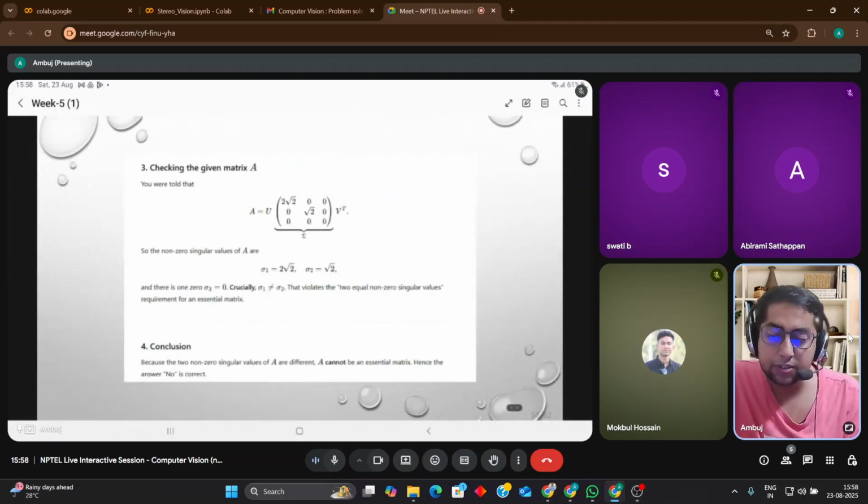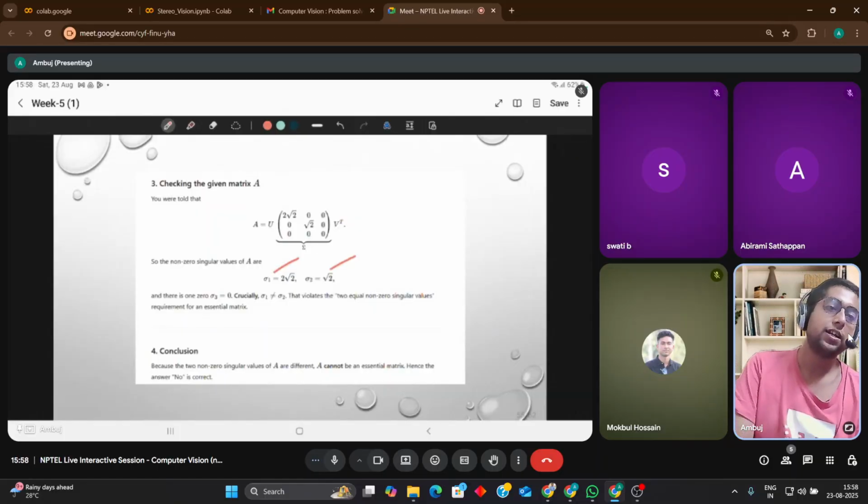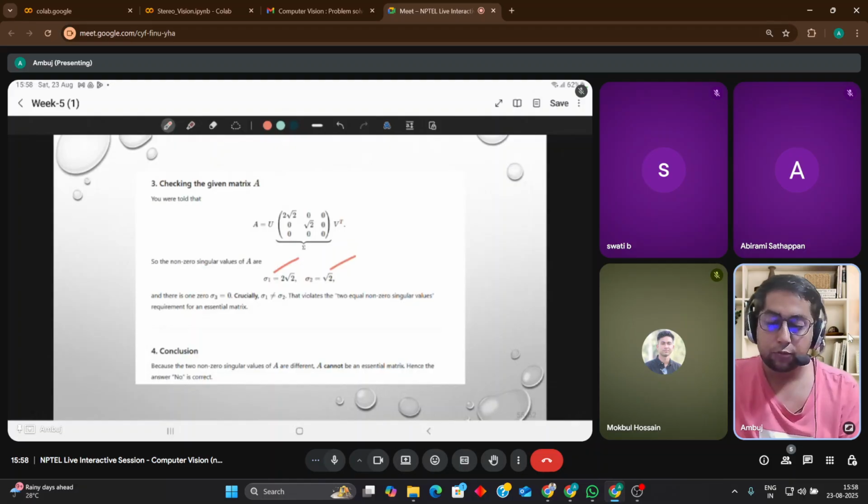The matrix which has been given to us is this particular one. The non-zero singular values of A are 2 root 2 and root 2, and the third value sigma 3 is equal to 0. Essentially, since these two values are not equal, the matrix would not be an essential matrix.